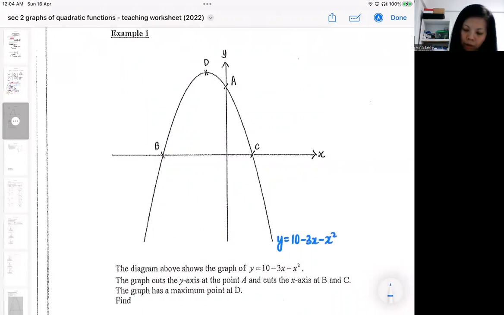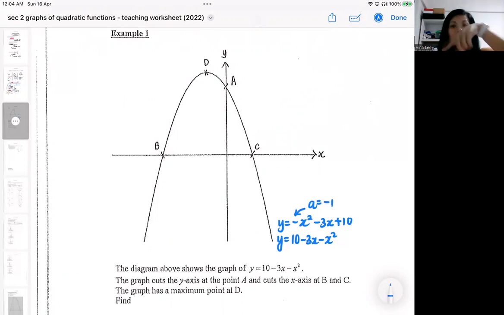If you arrange the equation, you will see that it's minus x squared minus 3x plus 10. If you observe the coefficient, it's minus 1, and that's why you end up with a sad face. So that's why you will see a sad face in this question.